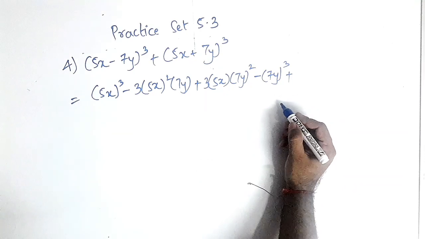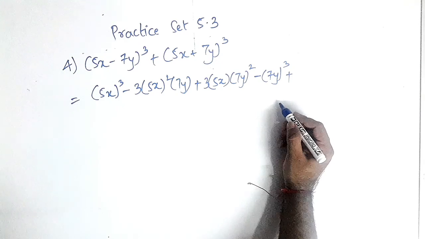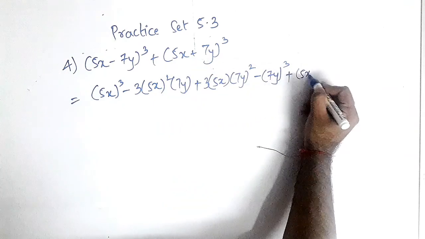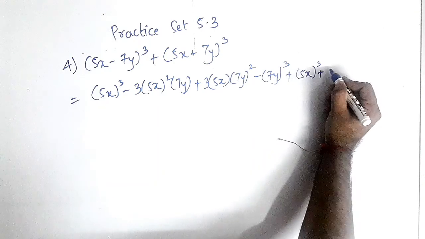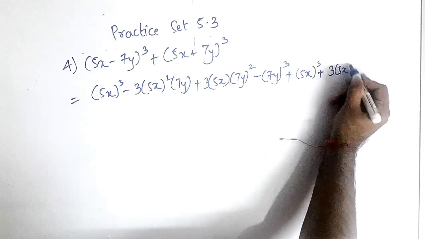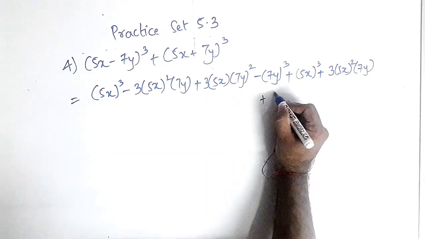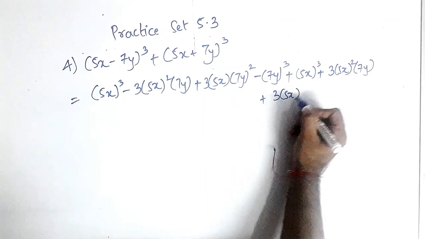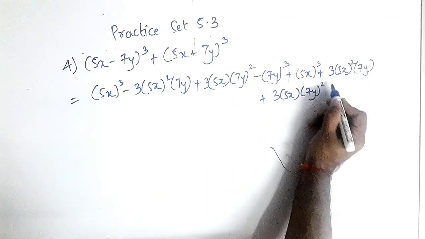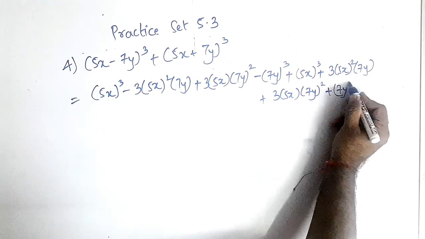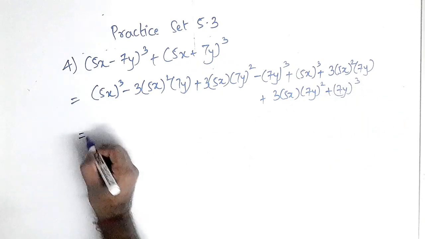Signs only get changed when there is minus sign in between two brackets. So here 5x a cube plus 3a square b plus 3a b square, okay, plus b cube.